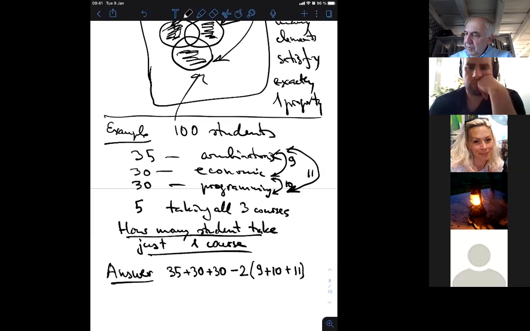And we should put back 3 times the number of students taking all 3 courses together. And this will be 95 minus 40 plus 15, which is 70.